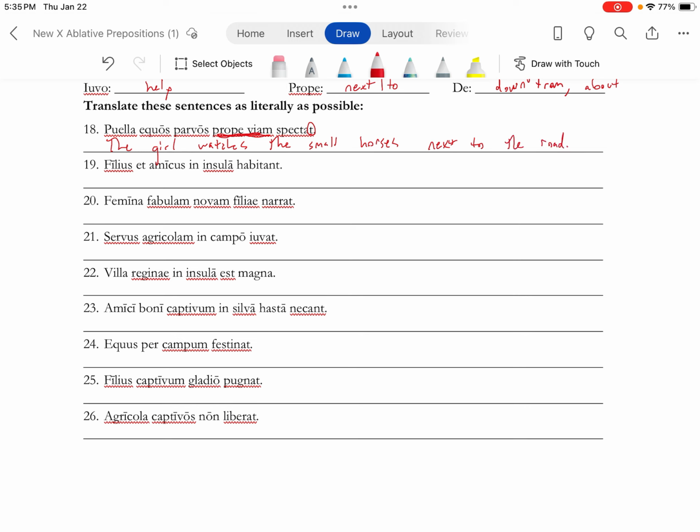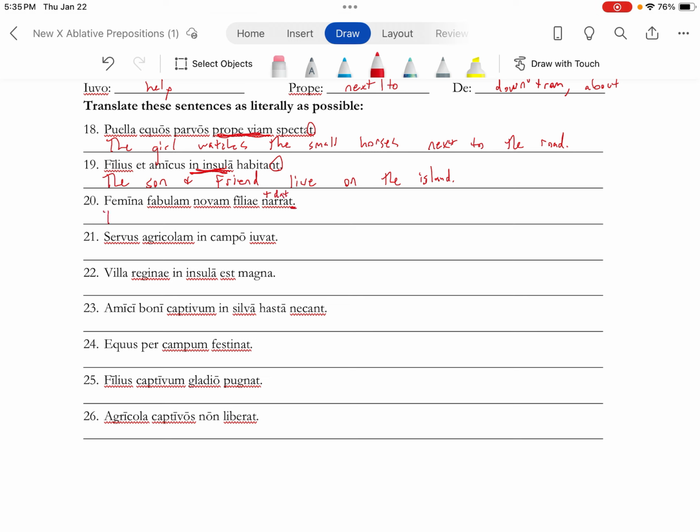Filius et amicus in insula habitant. In insula is our prepositional phrase. Habitant, the NT is they. So the son and friend live on the island. Femina fabulam novam filiae narrat. Narrat is a dative trigger word.